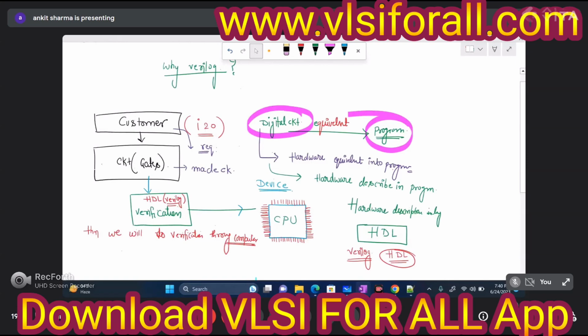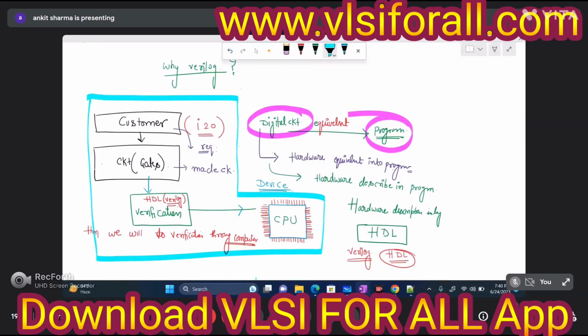So what I taught you here is the overall flow and the necessity of Verilog. But in all this, we did not see what VLSI is. Actually VLSI is not a language, not a circuit, not a device. VLSI is a technology, meaning very large scale integrated circuit.